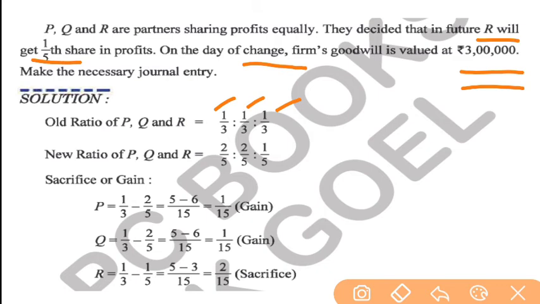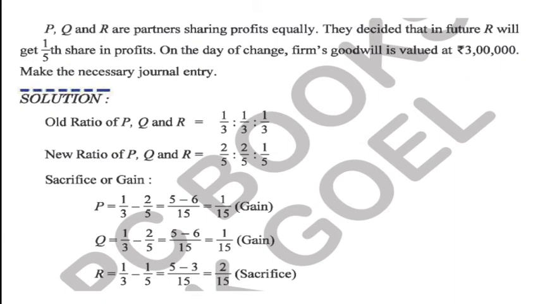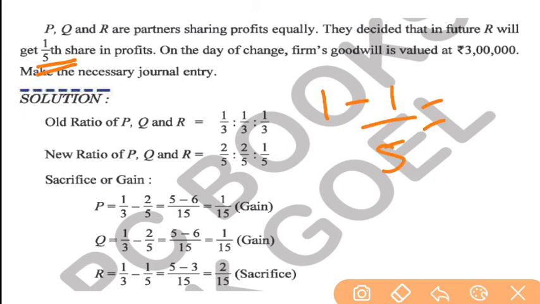So we will calculate the new ratio first. Let the total profit be 1. And what is the share of R? 1 by 5. So 1 minus 1 by 5, the remaining share will be 4 by 5. This remaining share will be divided among P and Q in their ratio. And what is the ratio? Equal. It means 1 by 2, 1 by 2.